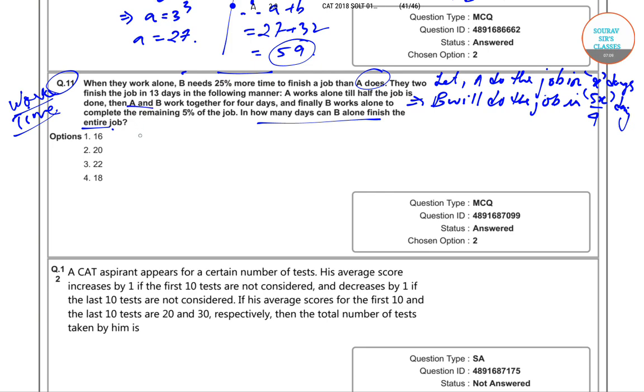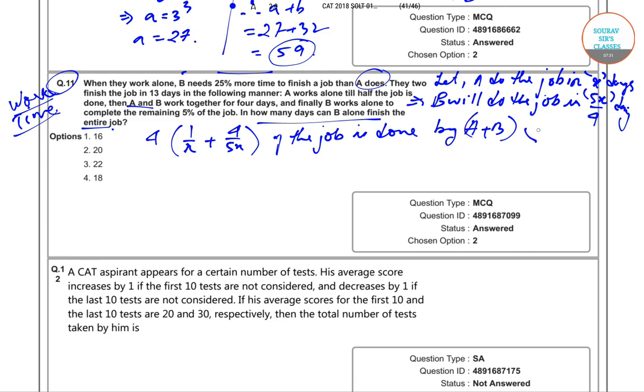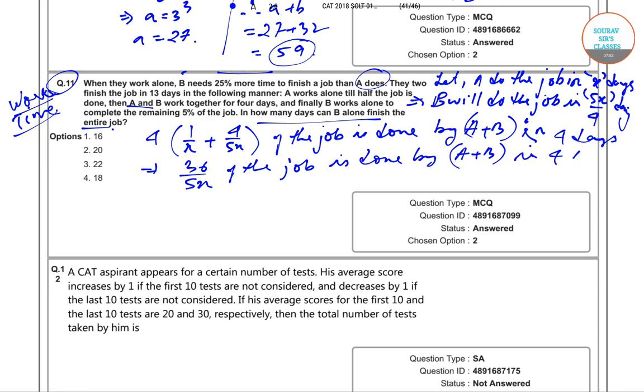Now A and B work for 4 days. So in one day A will do 1 by x of the job, and B will do 4 by 5x of the job, and in 4 days they will do 4 into 1 by x plus 4 by 5x of the job, that is, 9 by 5x, so we have 36 by 5x of the job is done by A plus B in 4 days.